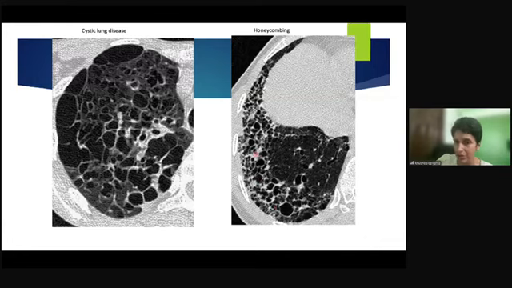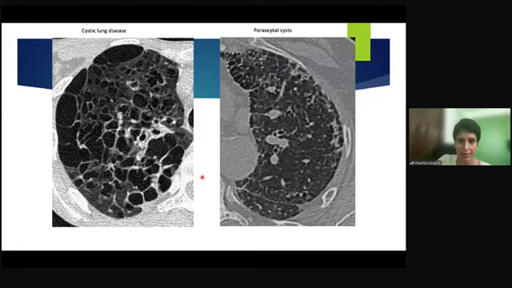They have architectural distortion. True cystic lung diseases do not share walls with each other. So you need to be very particular about differentiating a cystic lung disease from honeycombing, because honeycombing is seen with fibrosing interstitial lung disease, the UIP, IPF category, whereas cystic lung disease is altogether a different category.